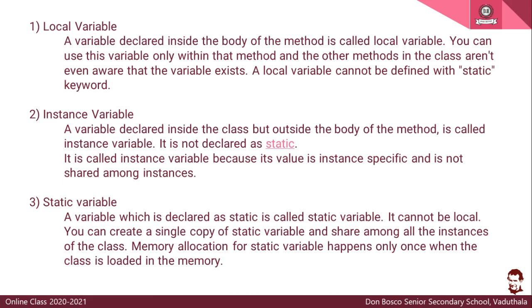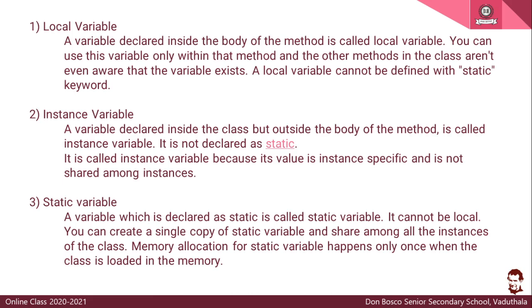The next one is the static variable. What is meant by static? The declaration location is the same, but you can see the keyword static in front of the variable's data type. Before declaring the variable int a, if you write static int a, it will be a static variable. A variable declared as static is called a static variable.